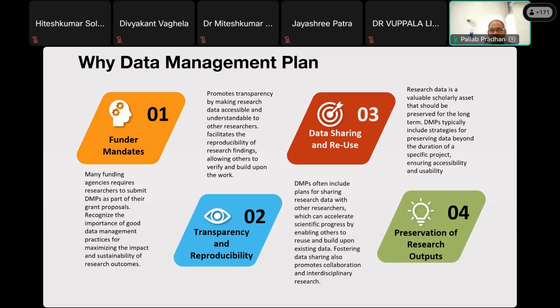When you are sharing your data, obviously the next generation researcher, or any other researcher doing the same kind of research, would be going through your data. So it will help to collaborate and build the same discipline or field as well.